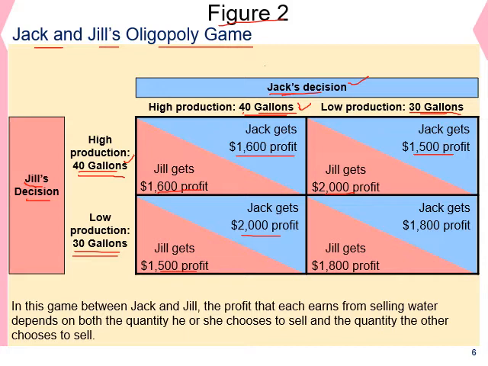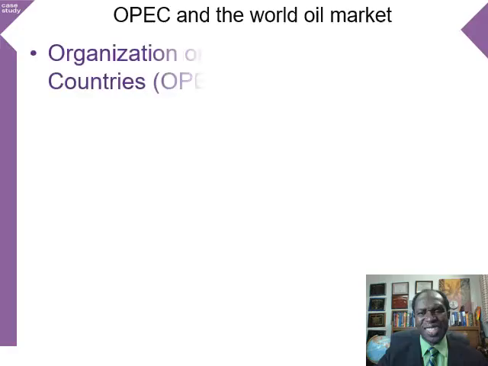If both of them decide to cooperate and produce only 30 gallons of water, both would get $1,800 in profit. This is the better outcome for both of them. But this is not the Nash equilibrium. They try to cheat, and then they will get only $1,600, and this outcome will likely happen.